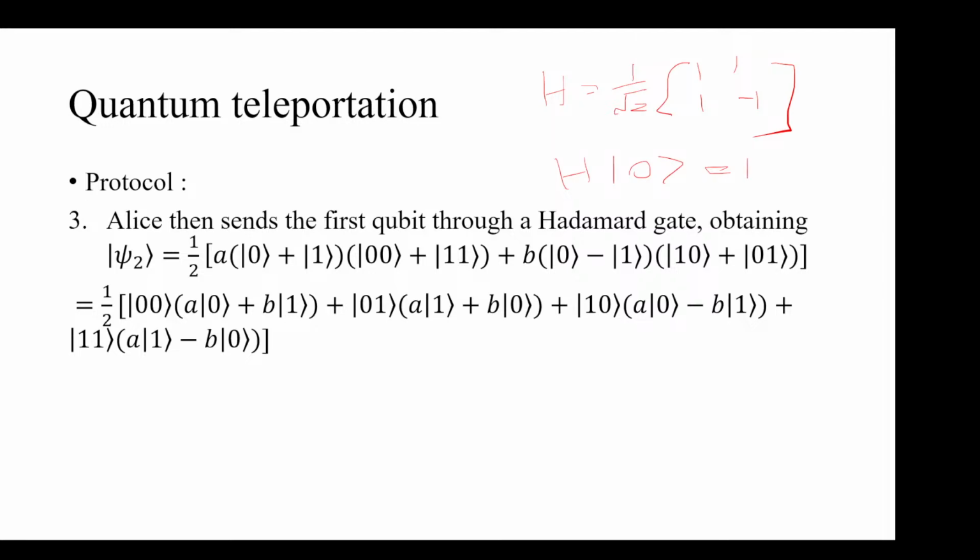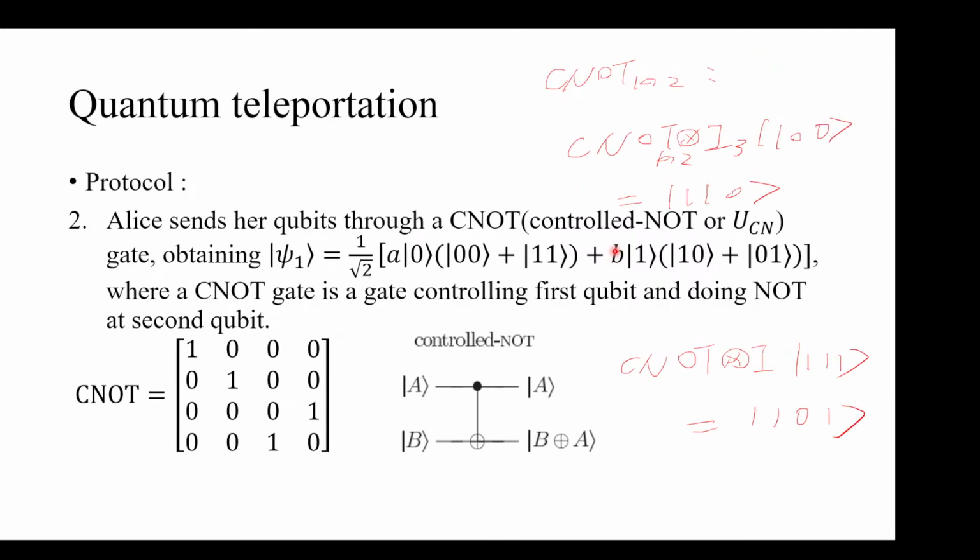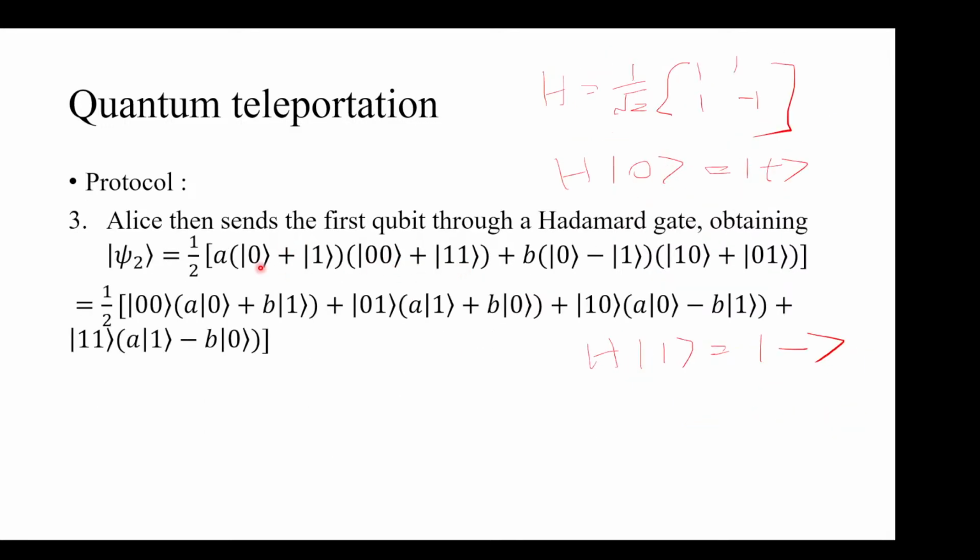So Hadamard on 0 equals plus, and Hadamard on 1 equals minus. And here we just do a brute force calculation. Hadamard on 0 equals plus, so these zeros here become plus states, and so that's 0 plus 1 with a 1 over square root 2, and 0 on 1.